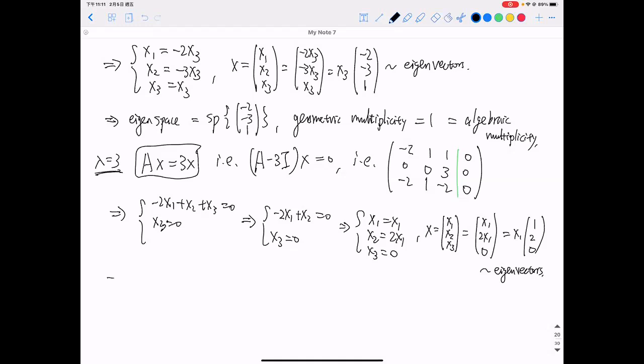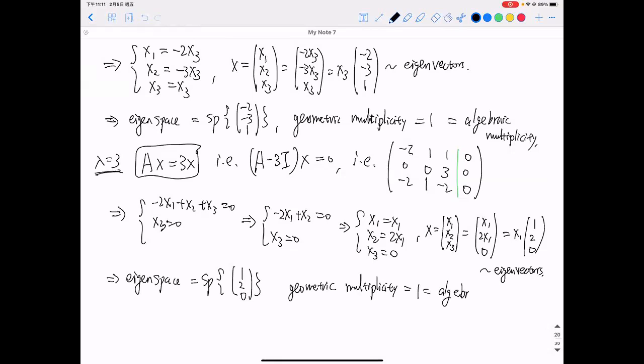So the eigenspace is the span of the vector 1, 1, 0. Again, it's one-dimensional. Geometric multiplicity is 1, which is again the same as the algebraic multiplicity.